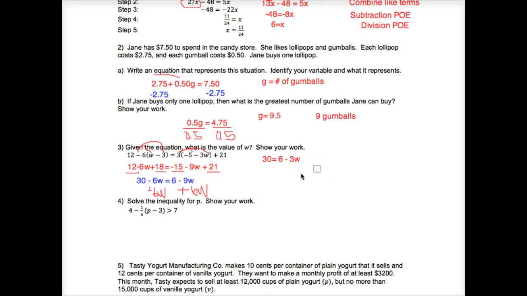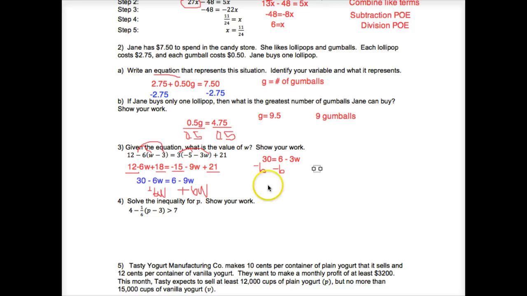Now be careful here. Here is where I see a lot of you then trying to subtract the 30. Don't do that. Keep in mind our goal. Our goal is to get that variable, the W, by itself. So I don't need to move the 30. That's moving things closer. It's moving things to the same side. What I need to do is move the 6, so that way I'm closer to getting my W alone.